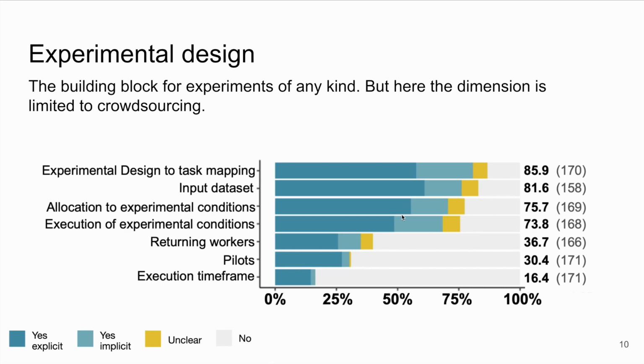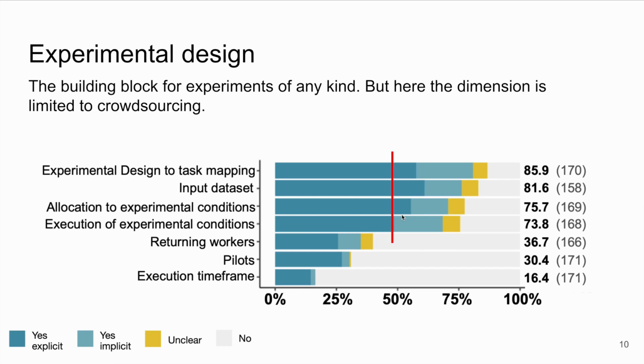In the figure, the number in parentheses is the number of papers to which the attribute applies, as an attribute may not apply to all papers, and in bold is the percentage of papers reporting the attribute. If we focus our attention on the dark green bars representing explicit reporting and yellow bars representing unclear reporting, we can notice the level of reporting here is for the most part shallow and unclear, given the mix of low explicit reporting and high unclear reporting.